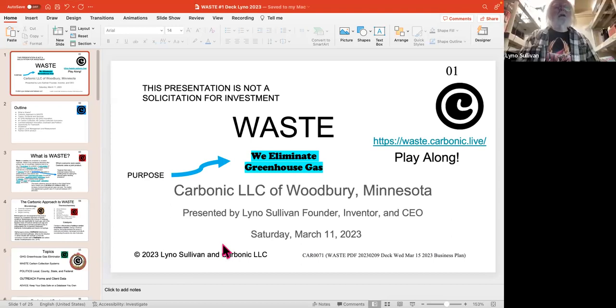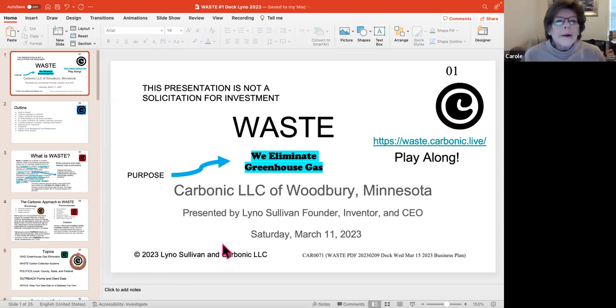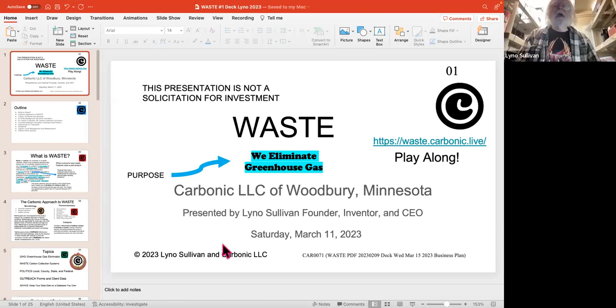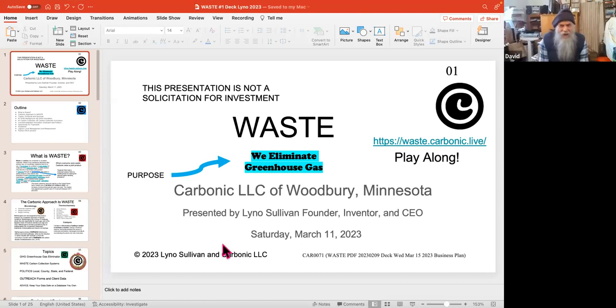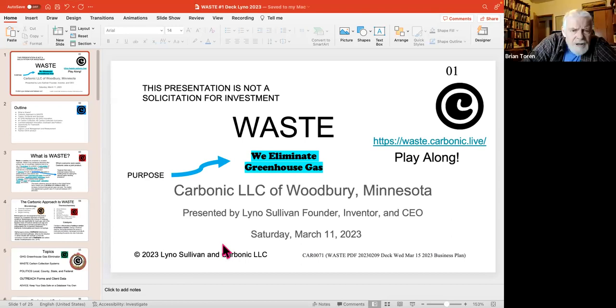Let's see here. Presenter view, custom view, hide slide. Oh gosh, you can see where I am. Right under the red bar at the top is a whole series of little tags. One of them is slideshow.